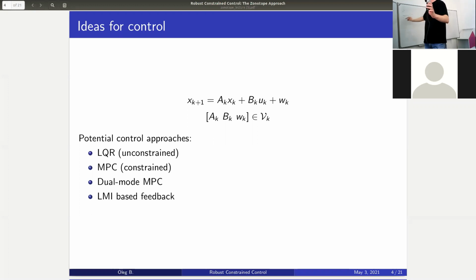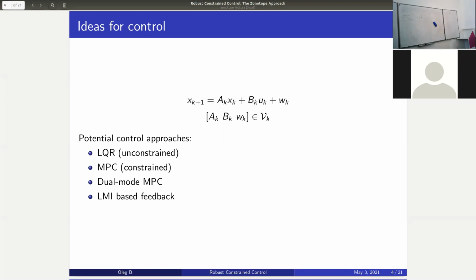You build some constraints, start to propagate your movement, and if part moves to the constraint, you add some additional U. But the problem with this approach is very similar to the first idea. If you design your feedback gains for one system, it can be unstable for another. But it's a very good approach.